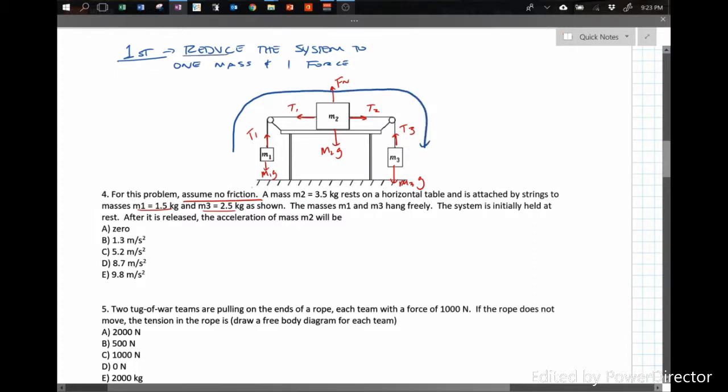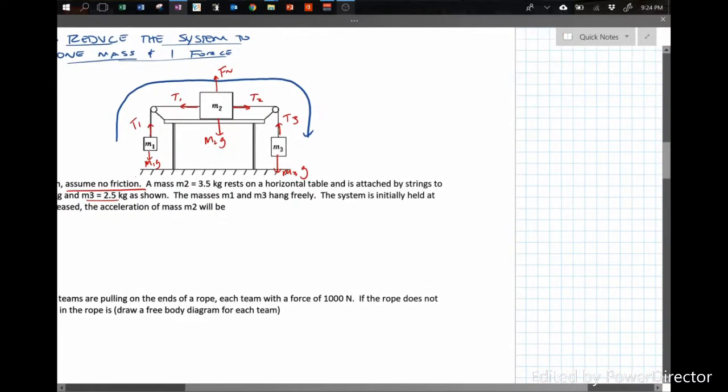Now, the whole reducing the system to one mass and one force thing, our first big step in that is to take the acceleration and straighten it out. So when I do that, I'm going to have to straighten out my masses. M2 is already aligned to the acceleration. Got that normal force up, M2G down, tension 2 this way, tension 1 this way.